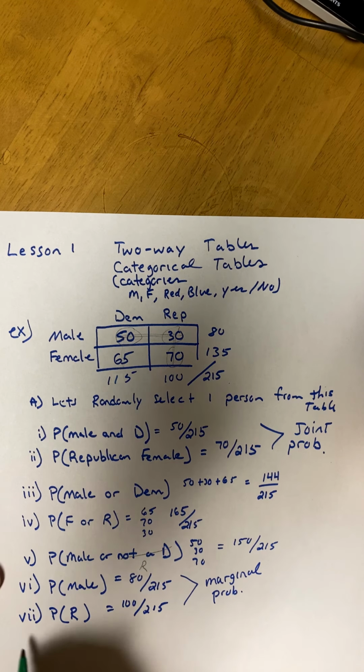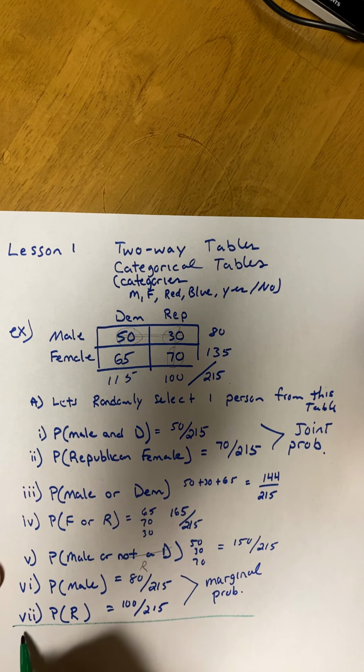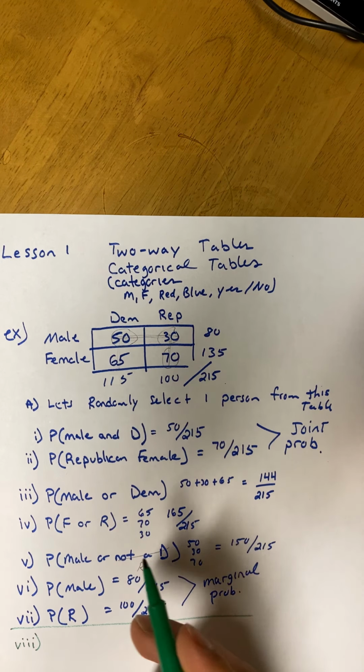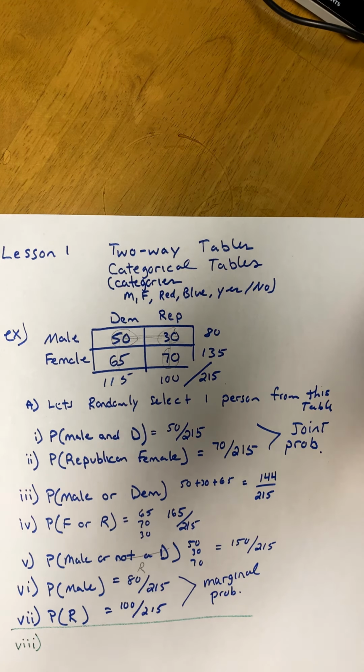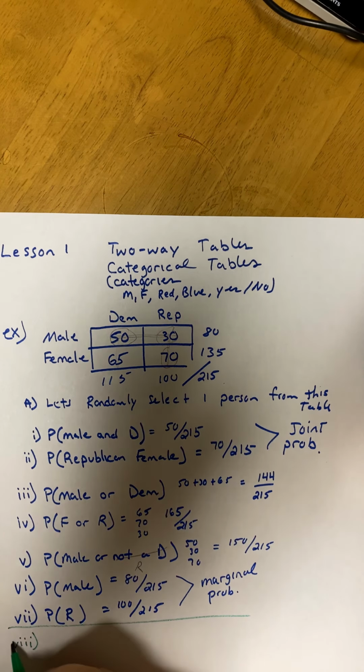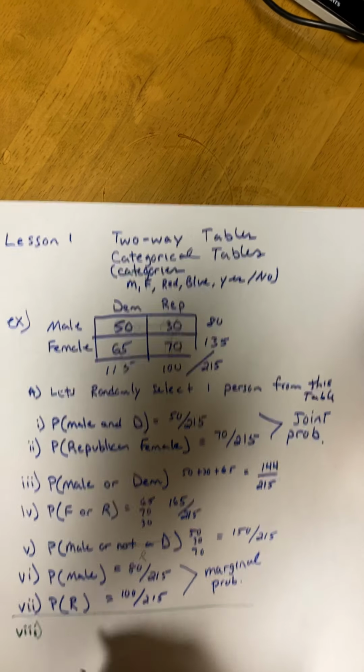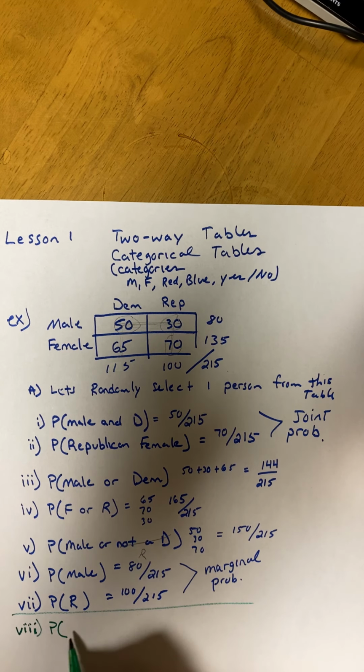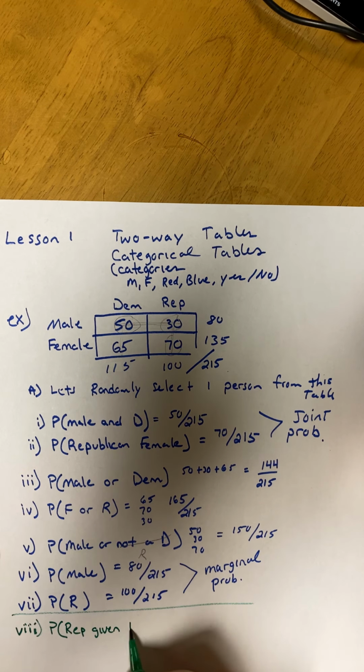Here's another type of question. Oh no, out of ink. Let me get a new green pen. There we go. What if I said, what's the probability somebody is a Republican given they're a male?